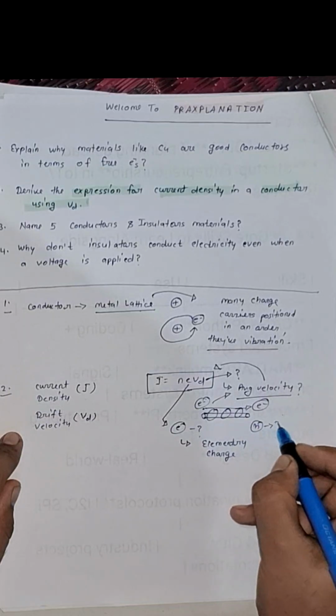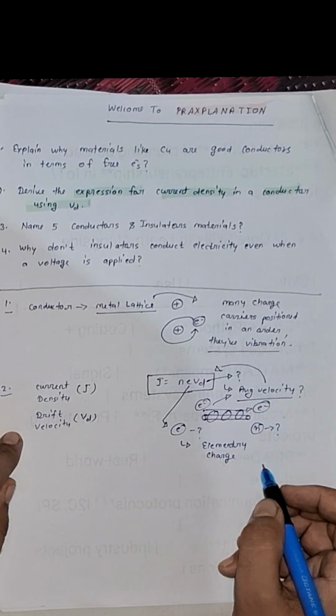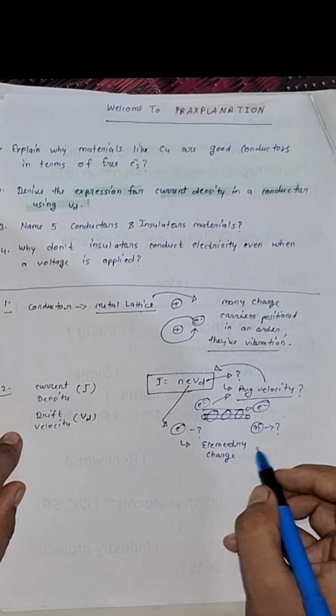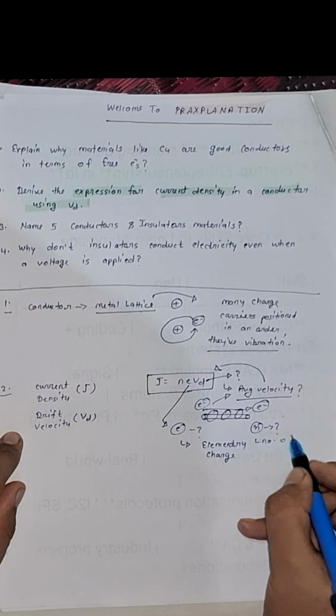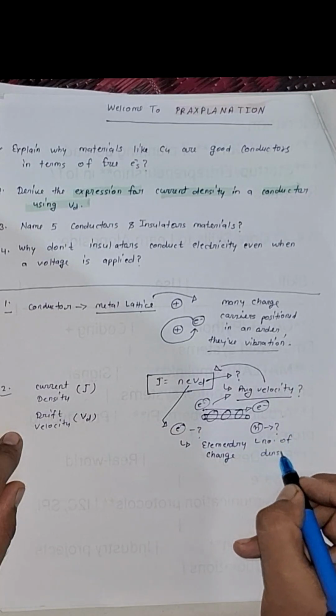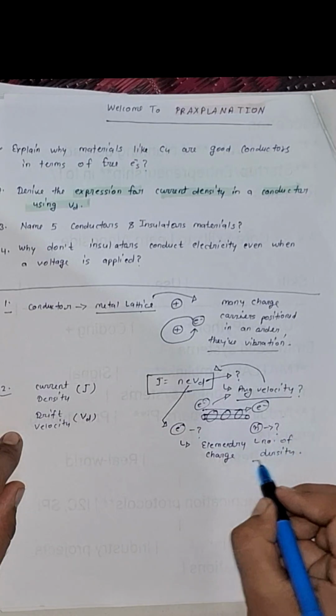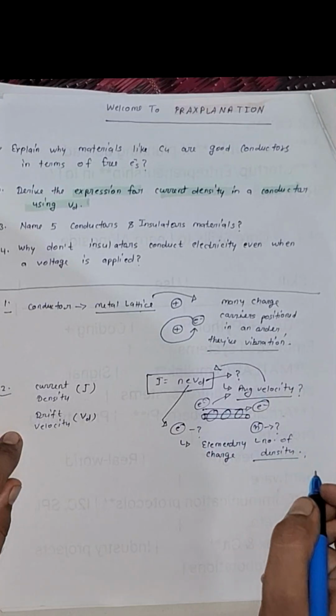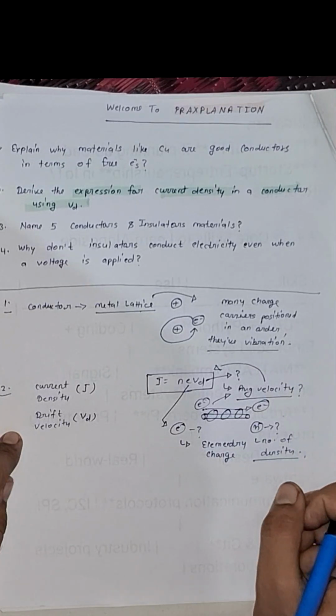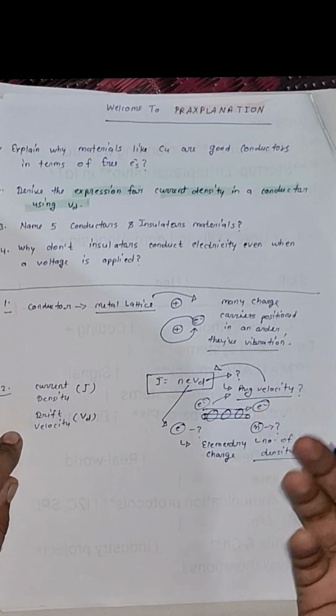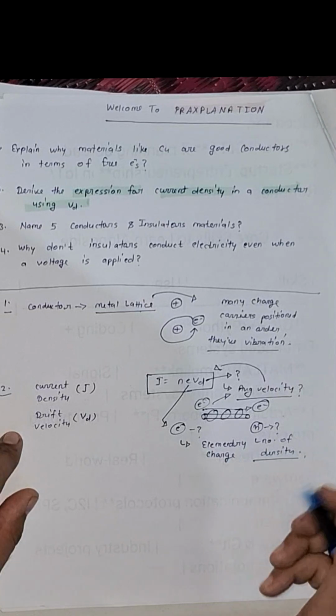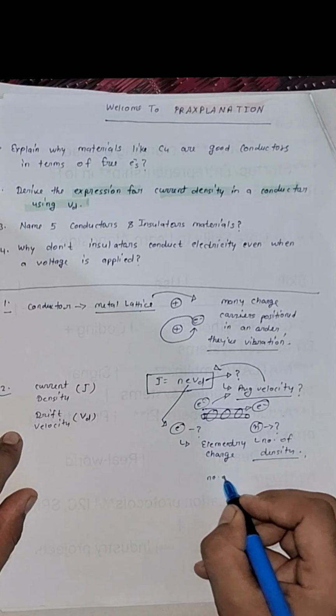What is n? n is number density, which is the number of charge carriers per unit volume.